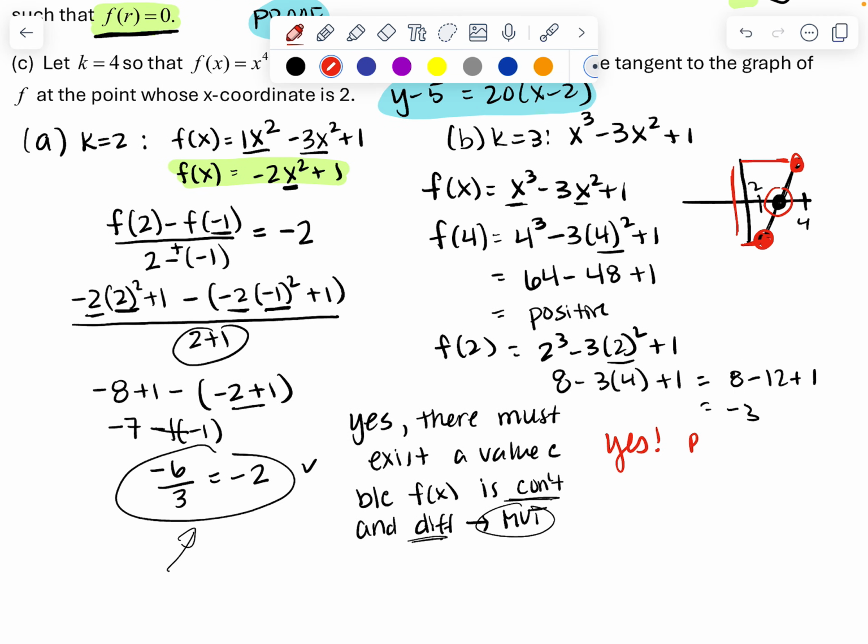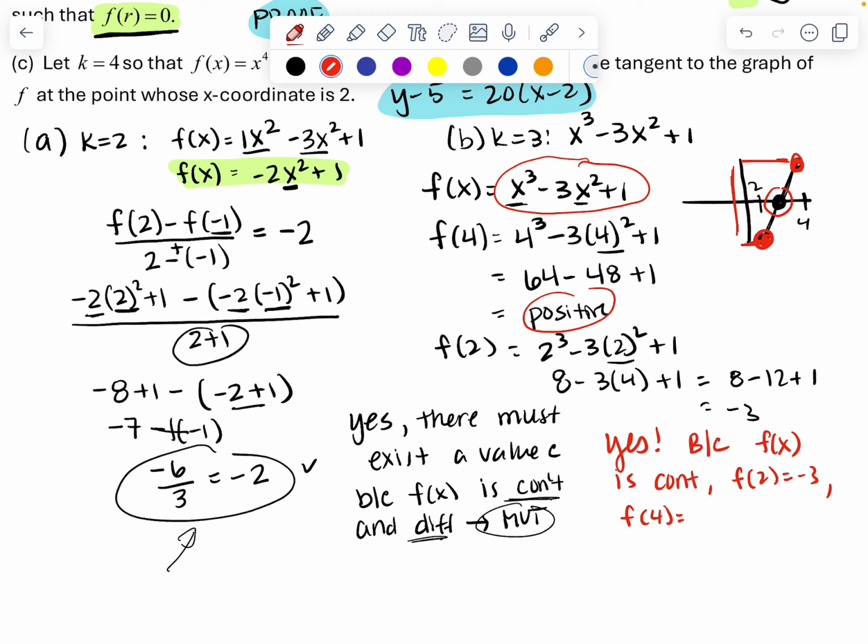And this is because, for the intermediate value theorem, your function has to be continuous. You guys, this is just a polynomial. All polynomials are continuous. So you'd say because f of x is continuous and f of 2 is negative 3 and f of 4 is, what did we get for f of 4? It's just positive, right?